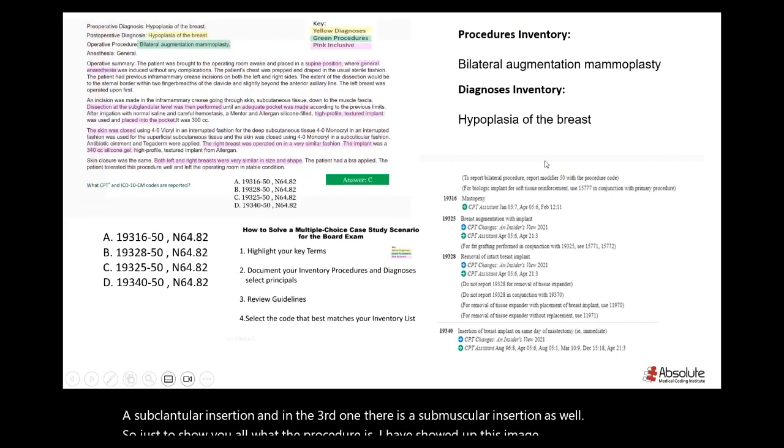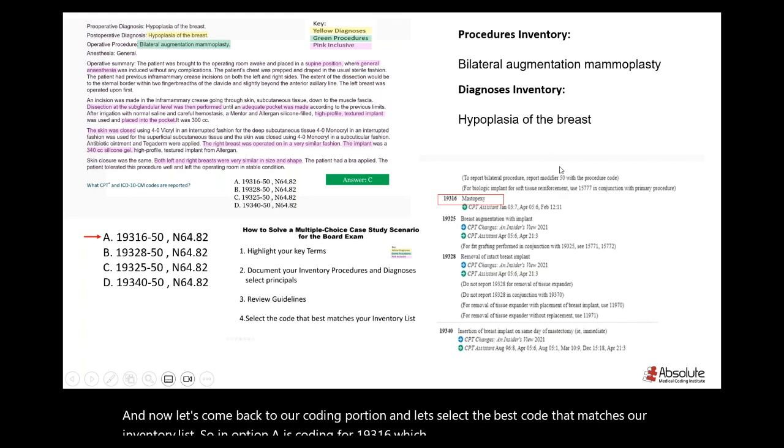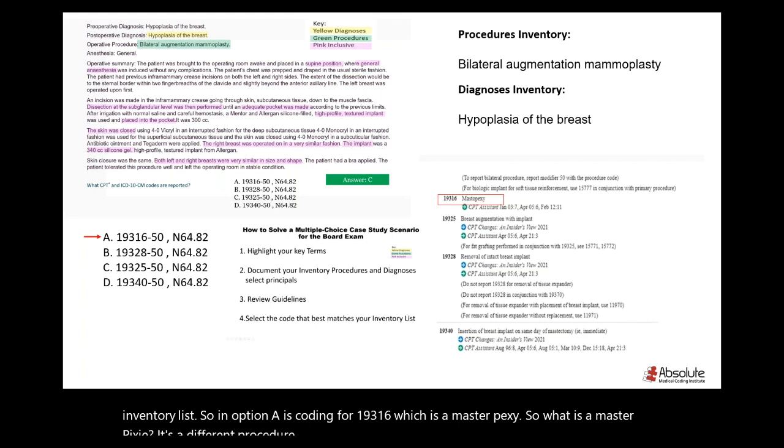Now let's come back to our coding portion, and let's select the best code that matches our inventory list. Option A is coding for 19316, which is a mastopexy. So what is a mastopexy? It's a different procedure from breast augmentation mammoplasty.